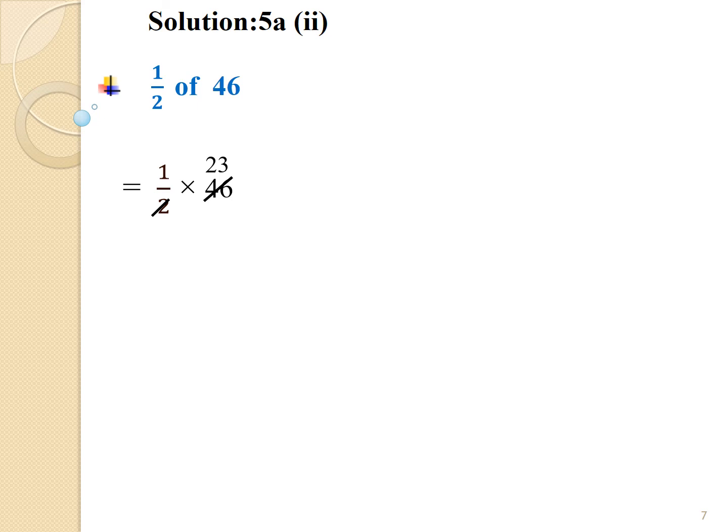As we know that 2 twenty-threes are 46, so cancelling 46 and writing 23. Thus 1/2 of 46 is 23. Students, solve the remaining sums by yourself.